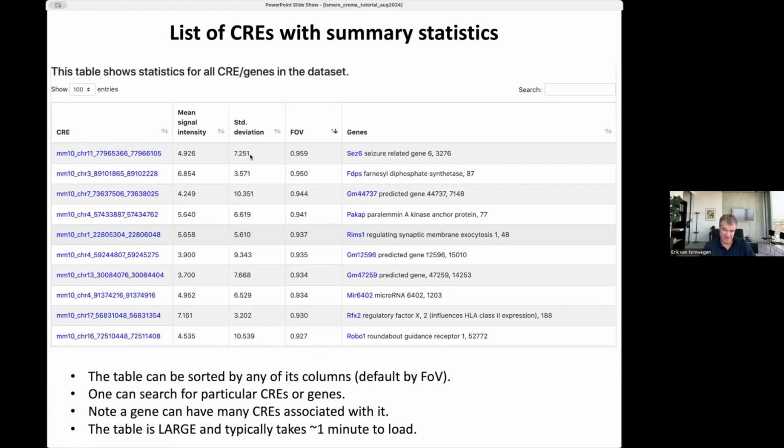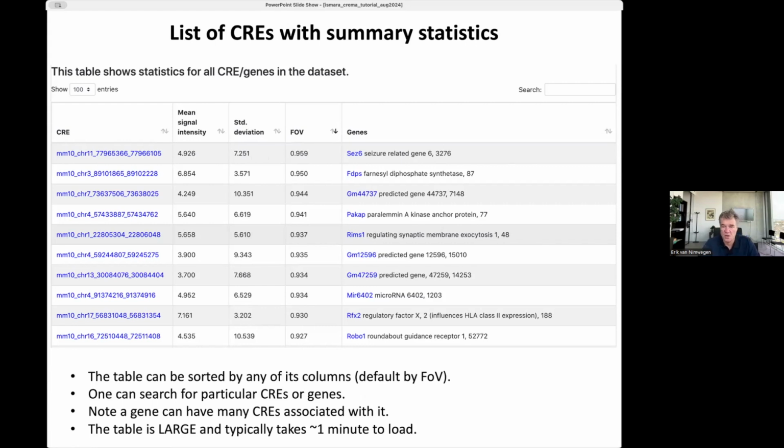What's the standard deviation of the signal intensity? And how well does the CREMA model fit the variation in the activity of the CRE? And again, by default, this is sorted by FOV, but you can also sort it by any of the other things. You can search for genes and so on.